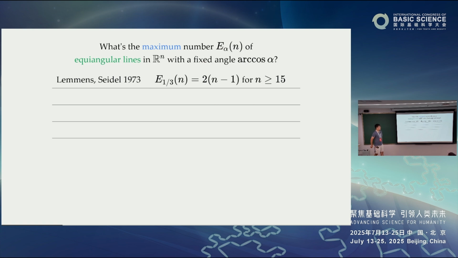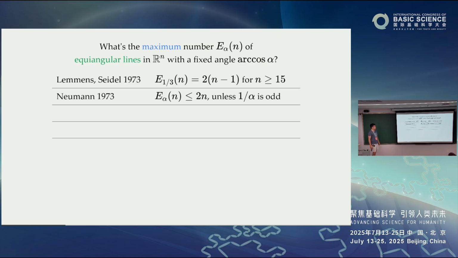Back in the 70s, Lemmens and Seidel showed that if the cosine of your angle is 1/3, then the number is 2 times n minus 1 for all n that's at least 15. When n is small, up to 14, there is some irregular behavior for this function, but as soon as n reaches 15, it becomes more regular. It's just 2 times n minus 1.